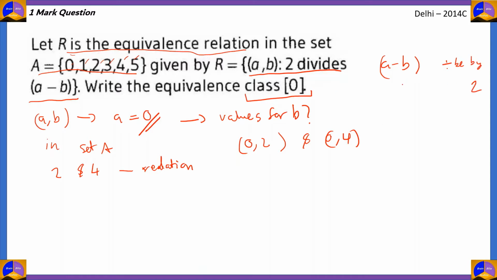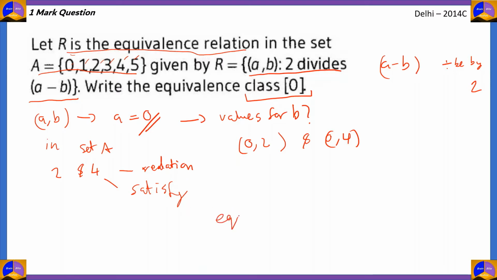So 0 minus 2, which is minus 2, is divisible by 2. Minus 2 by 2 is minus 1. 0 minus 4, that is minus 4, is divisible by 2. So minus 4 by 2 gives minus 2. So 2 and 4 satisfy the relation.